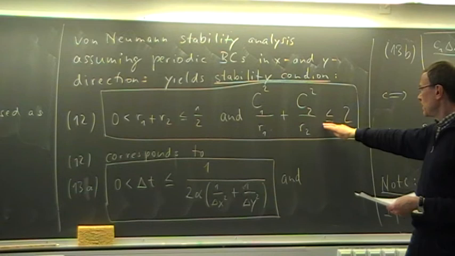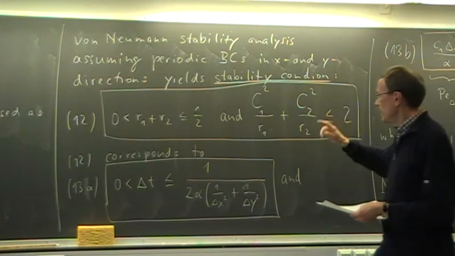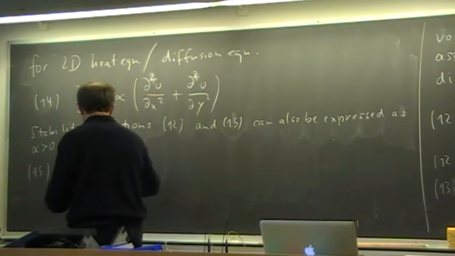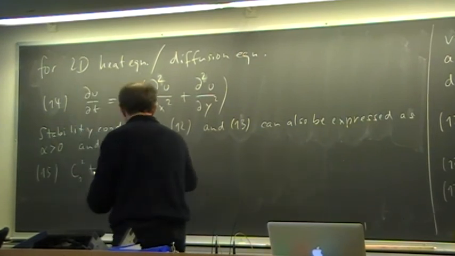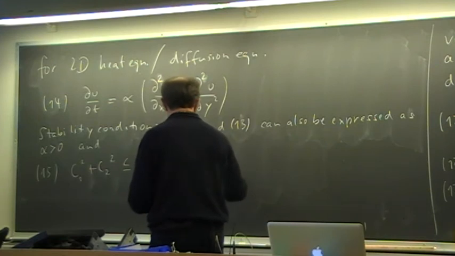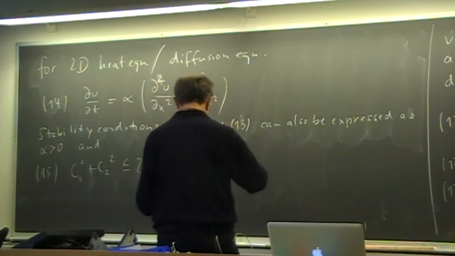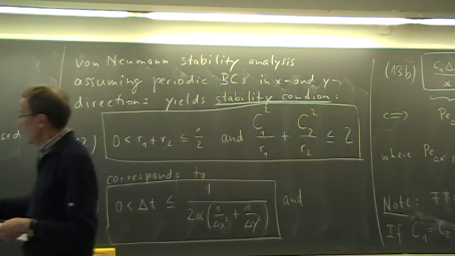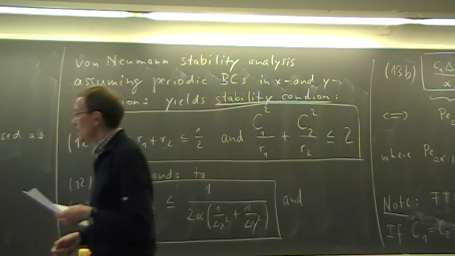I think the condition, what I had in mind is the following: C1 squared plus C2 squared divided by 2 (R1 plus R2) smaller or equal than 1. That is the one I had in mind. This one is clear. Multiplied by 2. Then this one is clear.